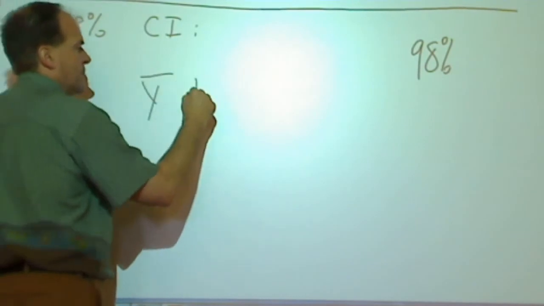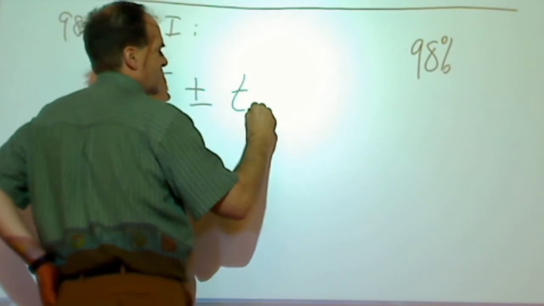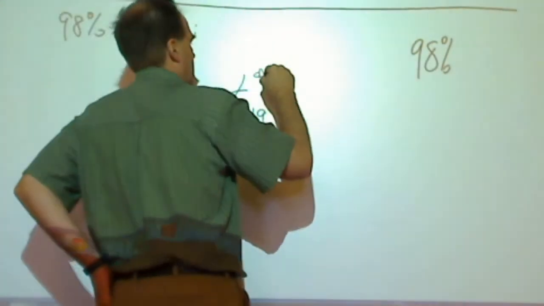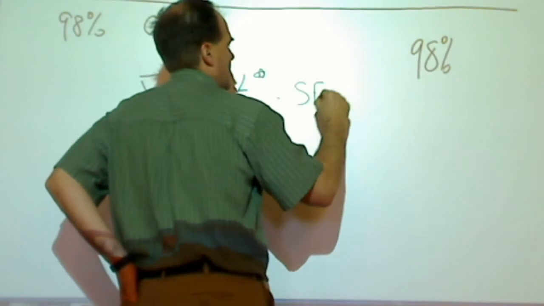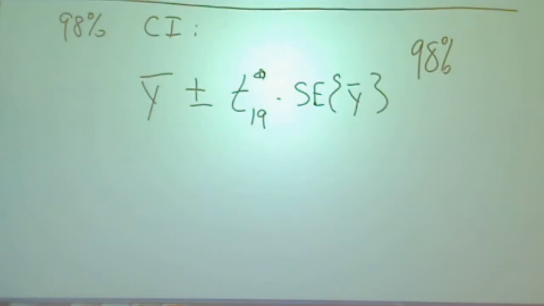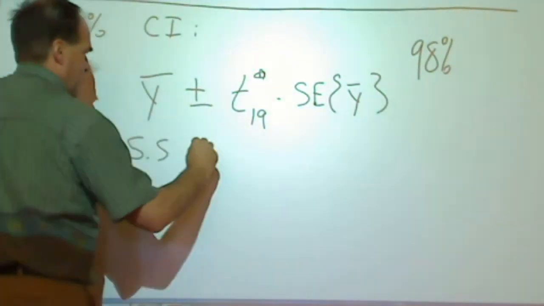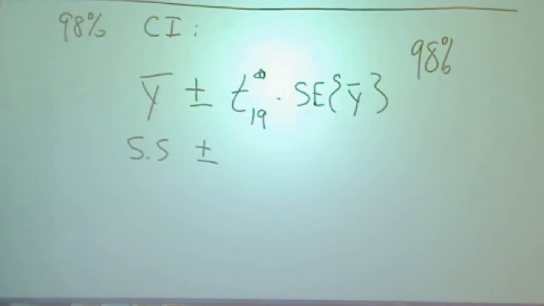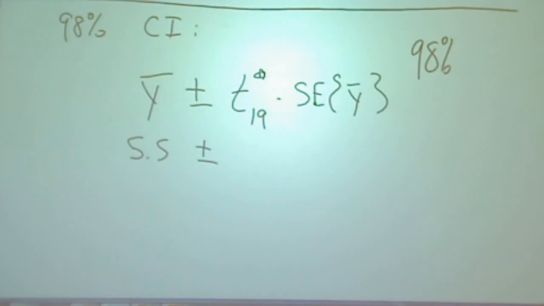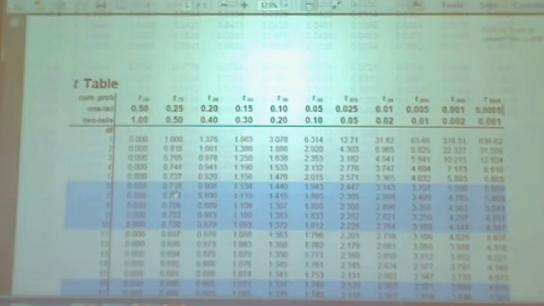We're going to take your sample plus or minus your T-value. Degrees of freedom, I told you it was 19, times the standard error of the mean. Luckily we've calculated all of these. So the mean was 5.5 plus or minus. We've got to look up the T-table, and I didn't bring that with me. I've got it right here electronically.